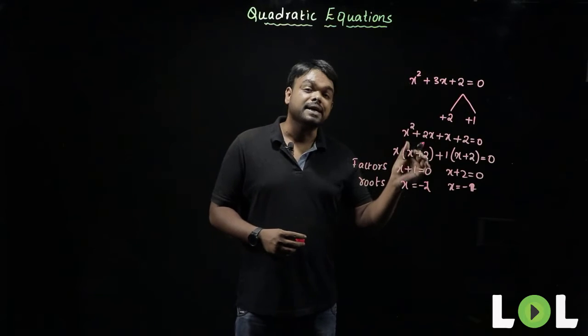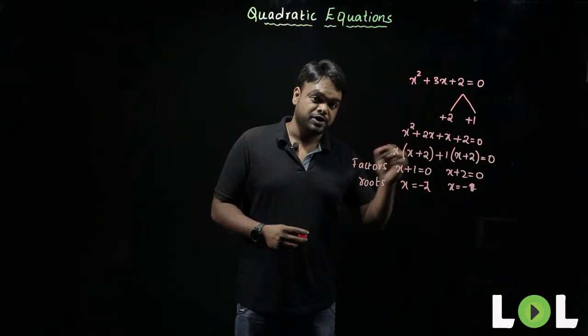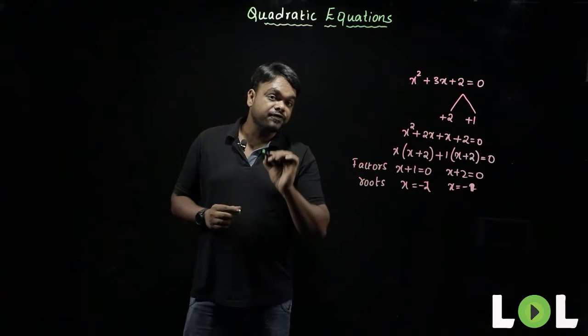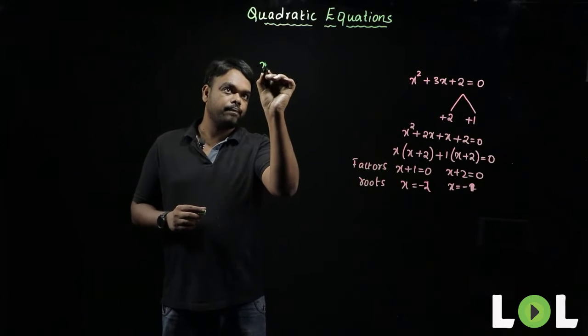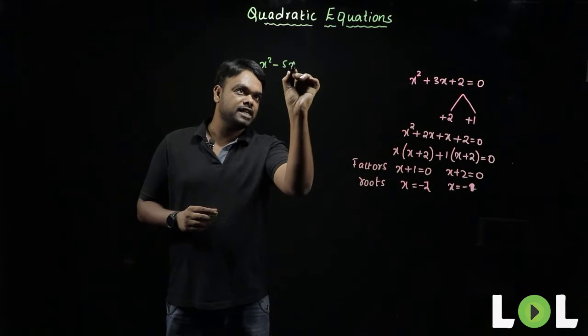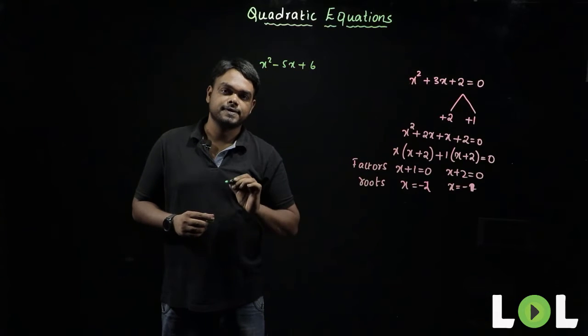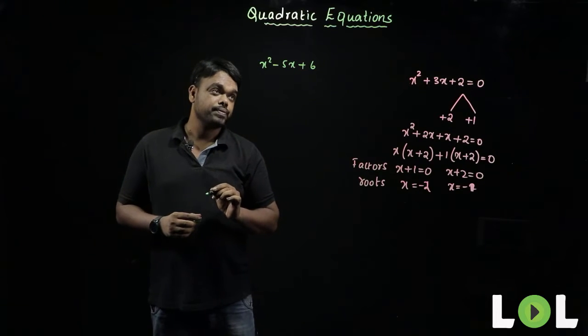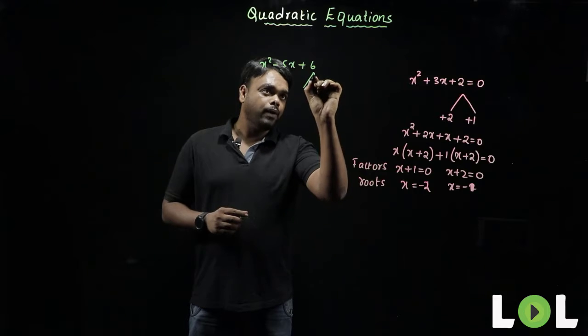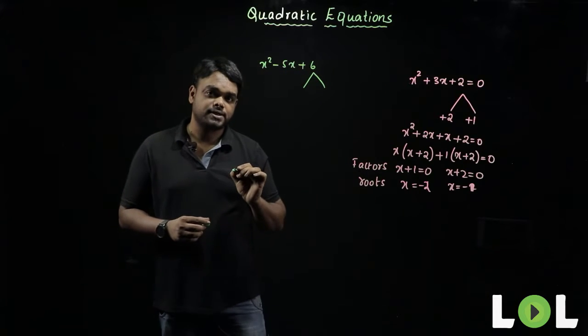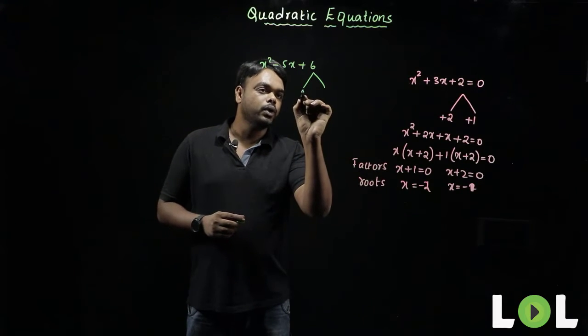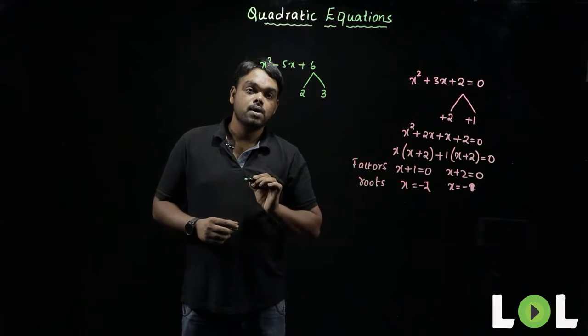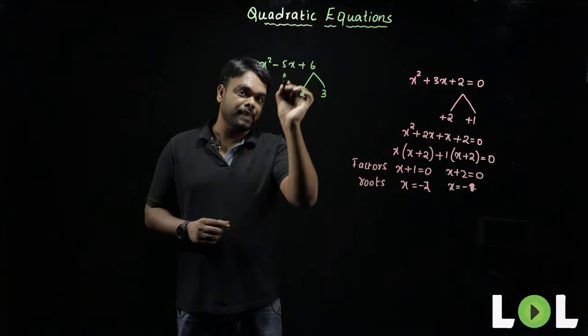Now let me consider another equation for you. Suppose I consider this equation, x square minus 5x plus 6. What is happening? I want the product of two numbers to be 6, right? 2 into 3 is 6. Well, the sum of the two numbers must be minus 5.